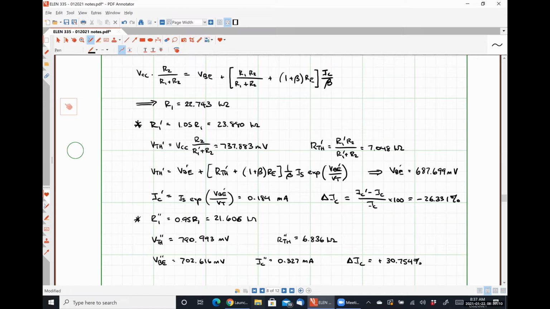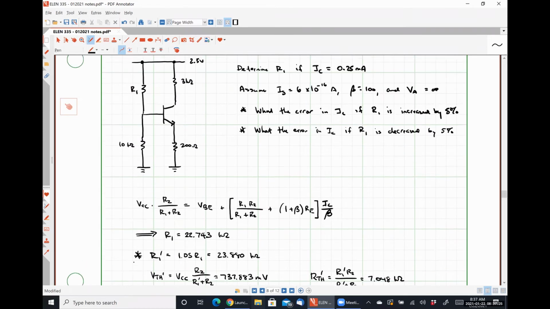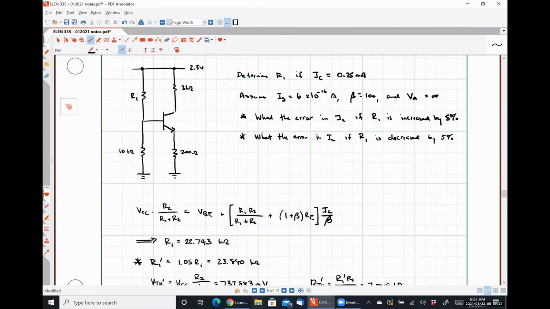So we can see that putting a resistor between the emitter and ground here, and this is a reasonably small resistor, right? All of our other resistances are on the order of several kiloohms. Just throwing a simple 200 ohm resistor in there decreased the collector current error by a very significant degree.